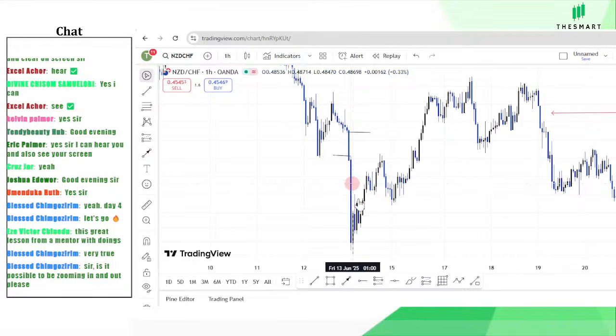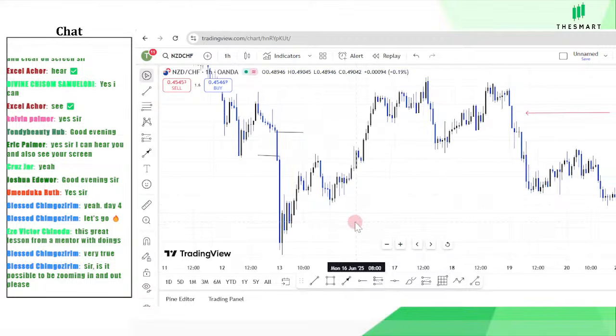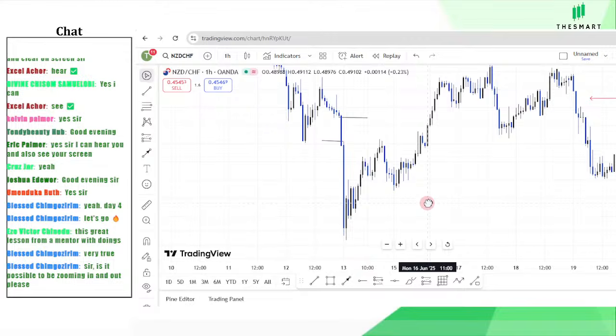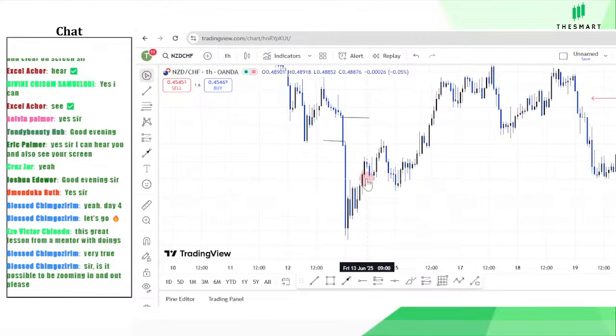Then look at the correctional move. From this low here to the upside, the price was moving in a gradual move. It wasn't as aggressive as what you had at this point. Now, this price moved slow and steady to the upside to this point. And what did you see?